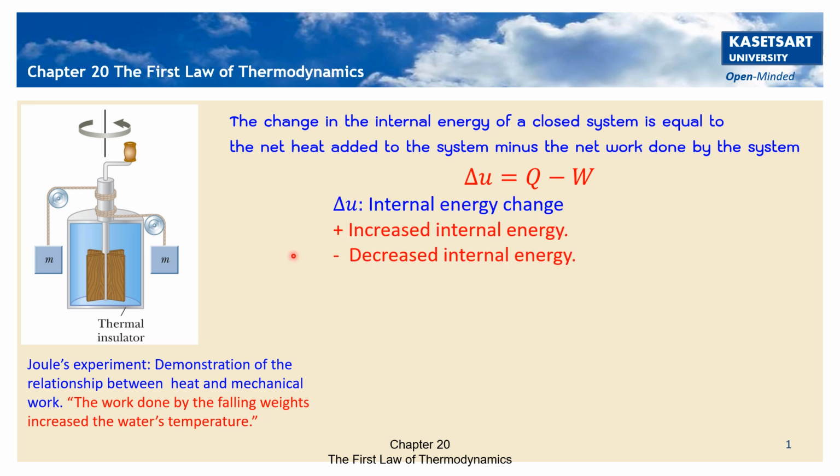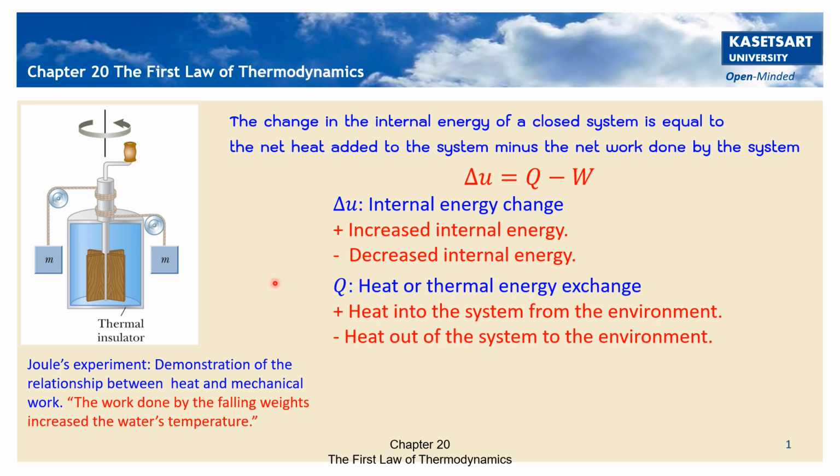So delta U is the internal energy change. Then if delta U has a positive sign, it means the internal energy is increased. If it's a negative sign, it means the internal energy is decreasing.